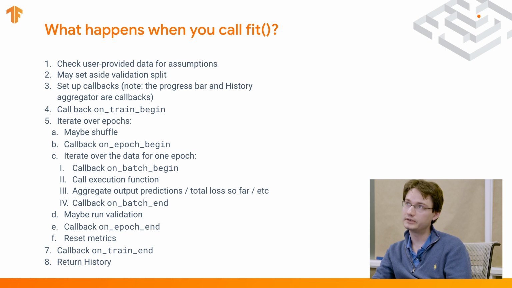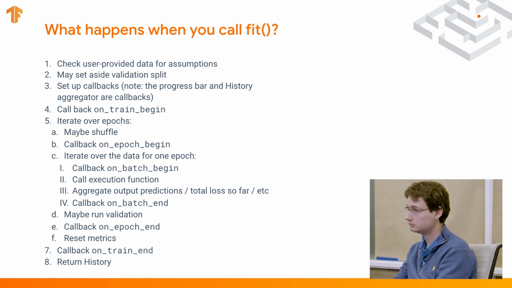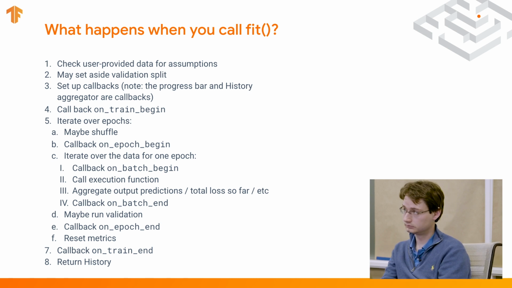The progress bar and logging stuff is called at the very end, meaning that if you add stuff to the log dictionary, it's going to be displayed. But the very first callback that's passed is actually the callback that starts populating the logs. There's also a slight bit of nuance in that the model itself is set as an attribute on callbacks.